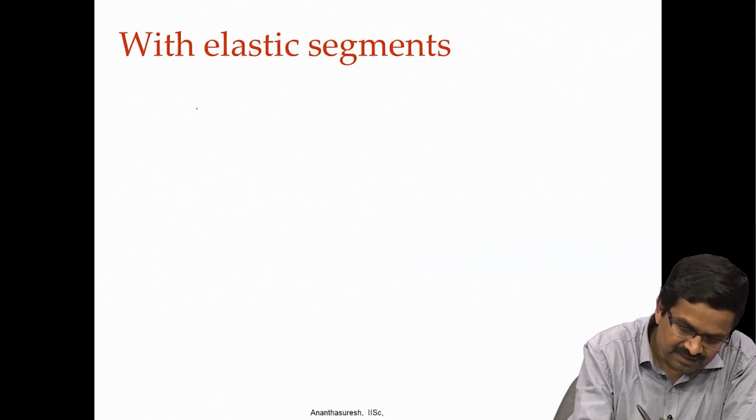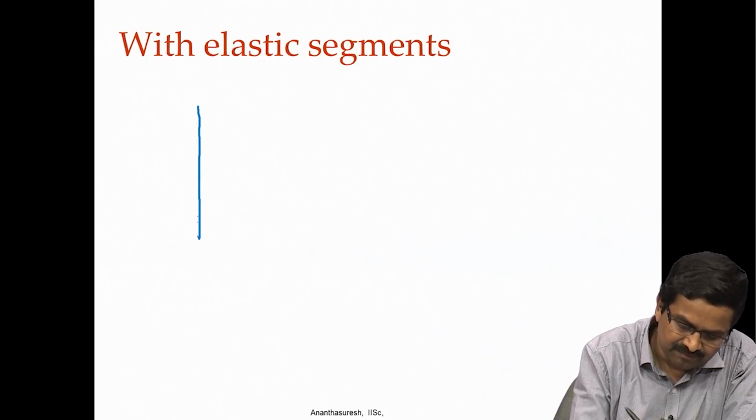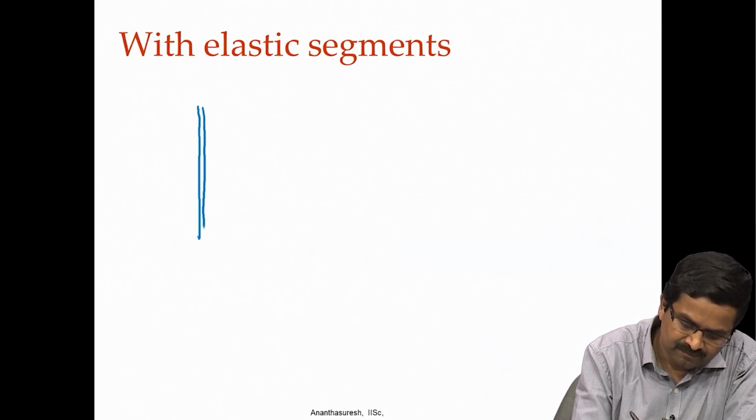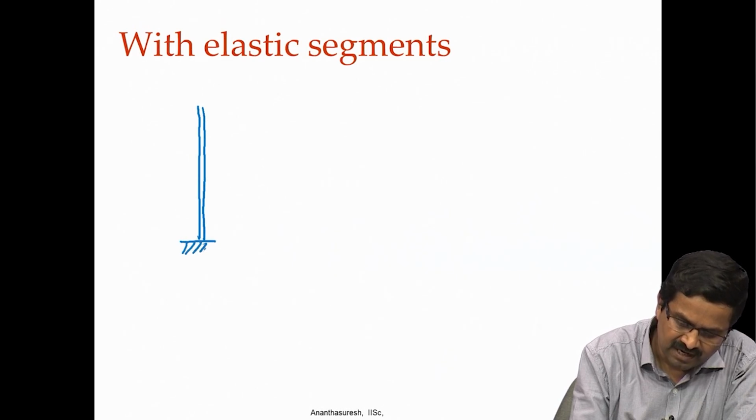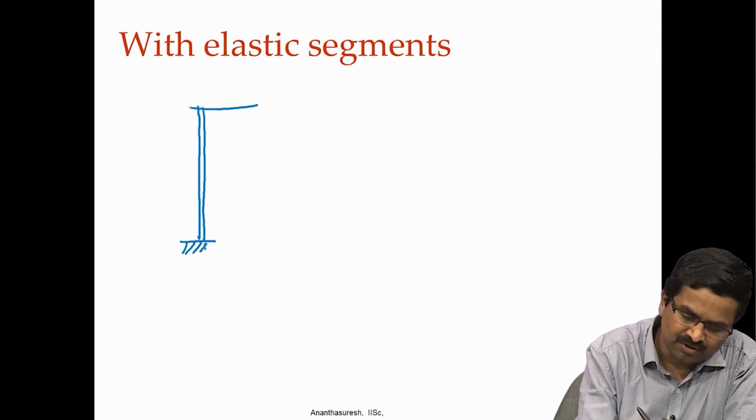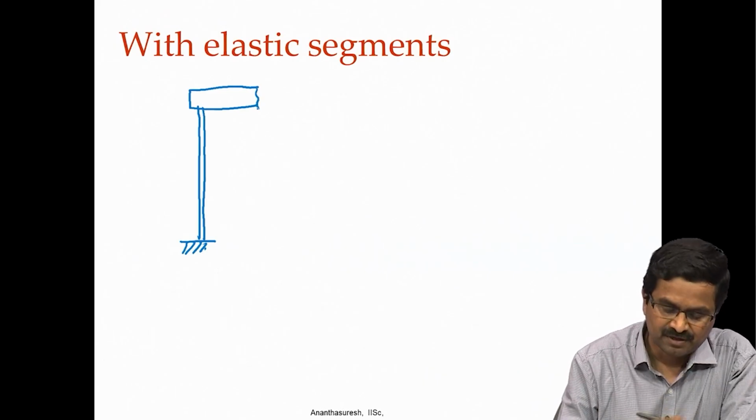So, what we have is, if I say I have a beam which is fixed here, the other side it has a block. Okay, I am looking at only one beam. So, what are we saying?